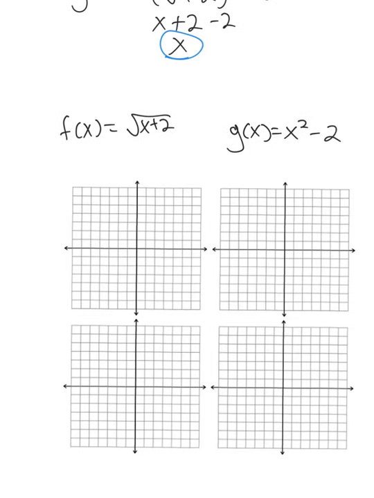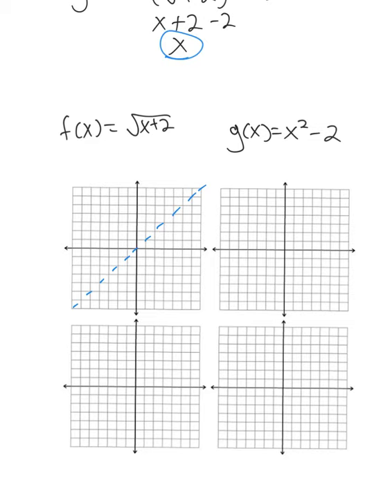Remember, it has to be the same from one side or the other of the line y equals x. So this dotted line here, it should be symmetrical, kind of mirror each other from one side to the other.